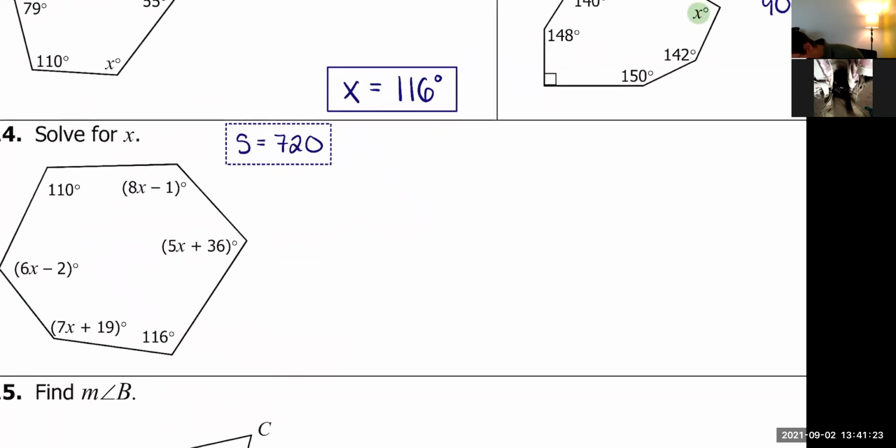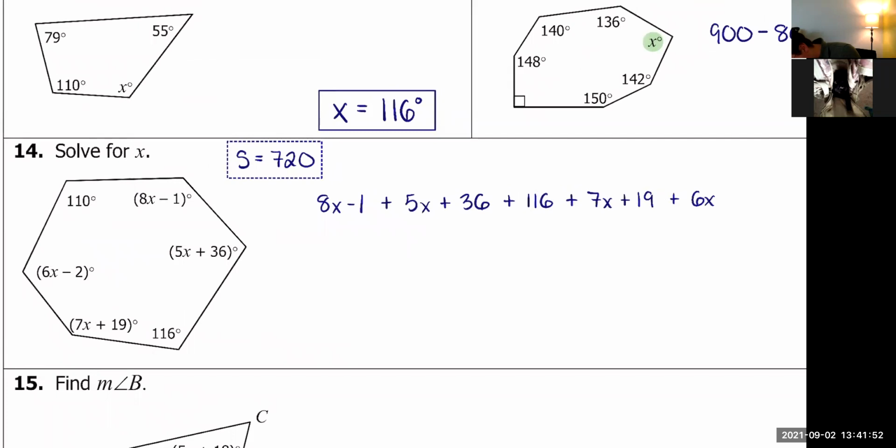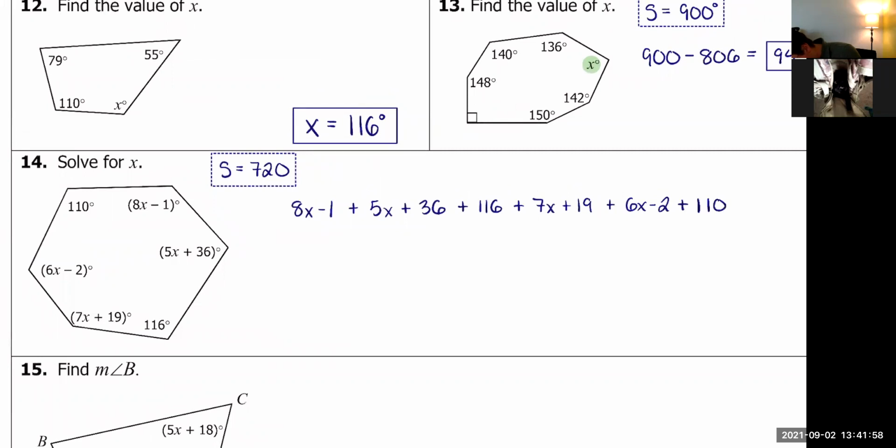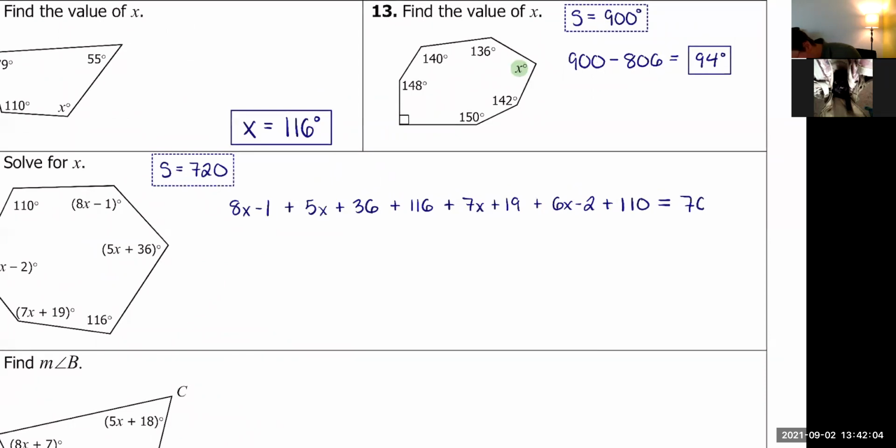Okay. 8x minus 1 plus 5x plus 36 plus 116 plus 7x plus 19 plus 6x minus 2 plus 110 should equal 720.